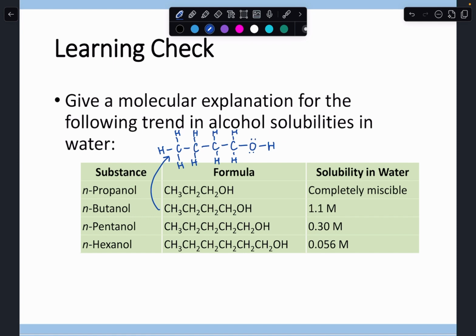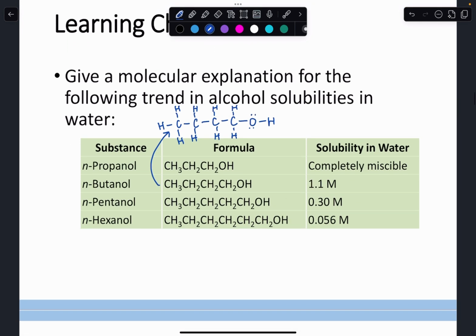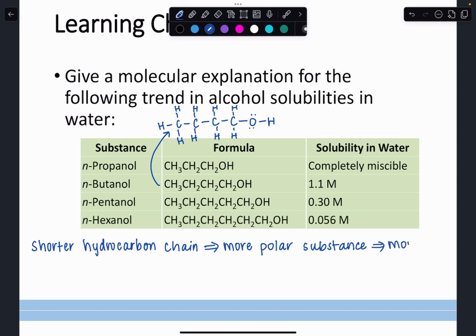So let's write that down. Shorter hydrocarbon chain means there is a more polar molecule, or we'll say more polar substance, which is more soluble in water.